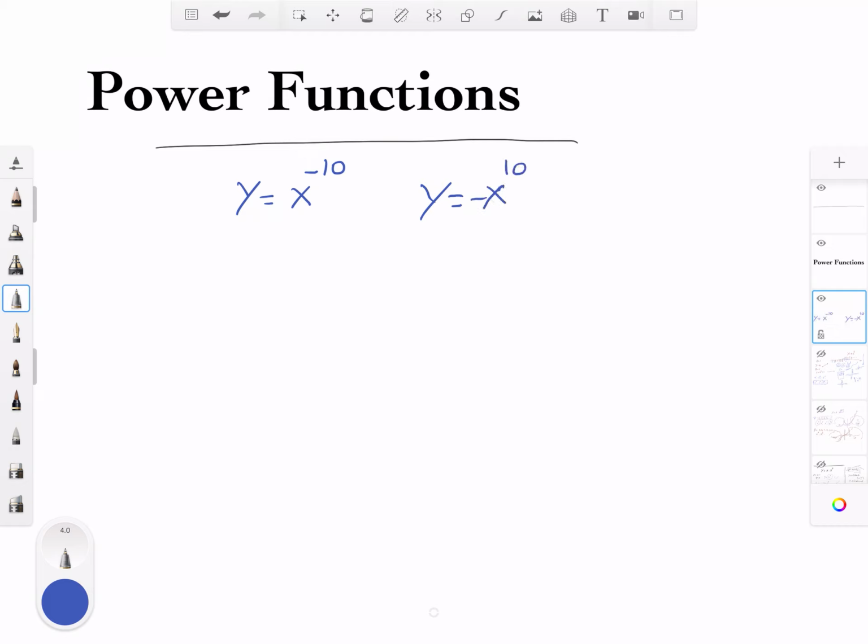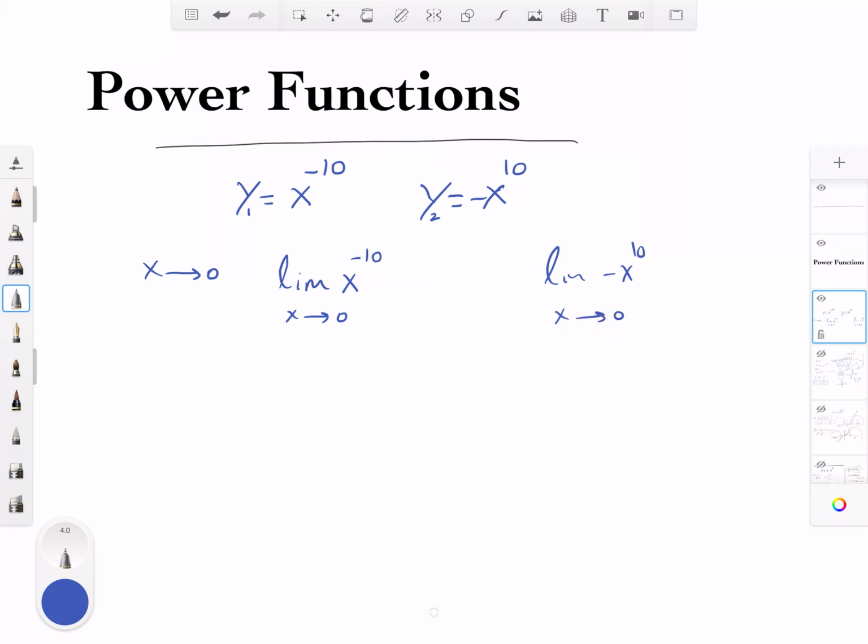They're asking us what is the behavior, so this is y1 and that's y2, as x approaches 0. That means what is the limit of x to the power -10 as x approaches 0, and what is the limit of negative x to the power 10 when x approaches 0.